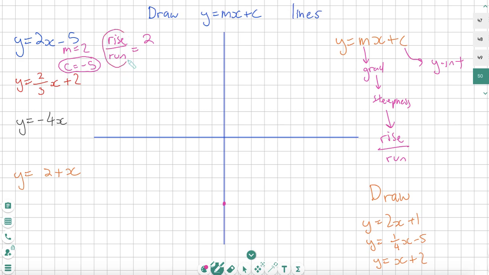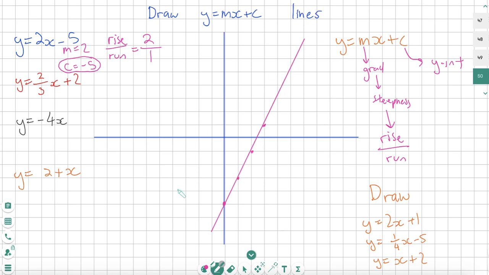Now, rise over run is in the form of a fraction. So I have to turn 2 into a fraction. To turn any whole number into a fraction, it's just going to be 2 over 1. So now we can see, for every rise of 2, we run 1. So from this point, we can rise 2, run 1. Rise 2, run 1. And perfect. We have a nice straight line we've created.